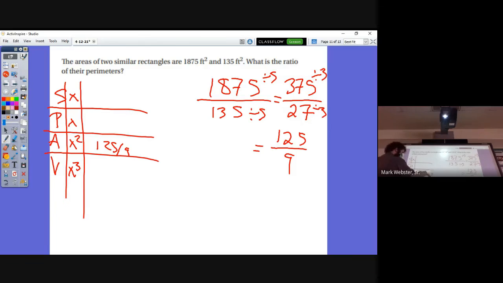Well, let's square root the top and square root the bottom. 125 doesn't square root nicely, but it does simplify to 5 radical 5. The bottom, however, square roots very nicely. Square root of 9 is 3, right? And you can just leave it that way. That would be the ratio of their perimeters, right there. Right? And there we go.